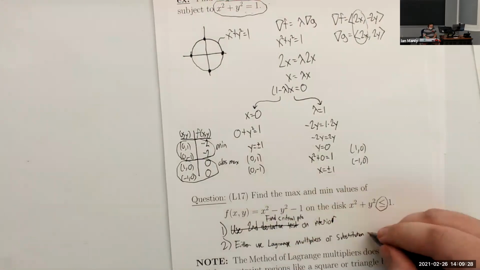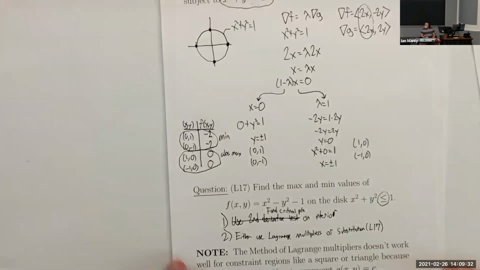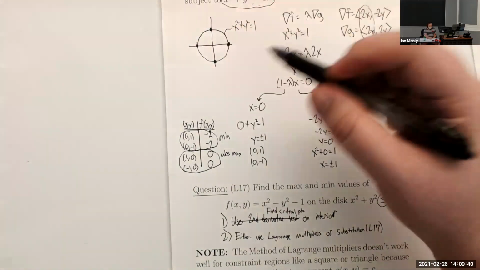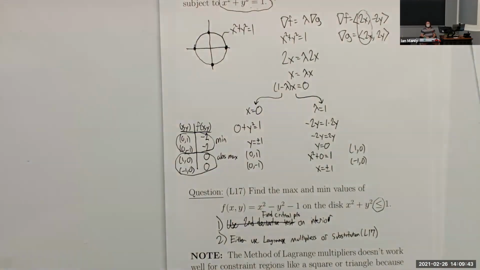And by substitution, I mean what we did in last class, where we substituted in the constraint equation. All right, so that's what we need to do if we have some kind of inequality and we want to do the whole disk. If we ever have a filled in kind of area, we need to find all the critical points on there, and those are automatically candidates. And then we can use either Lagrange multipliers or what we did last class on the boundary.